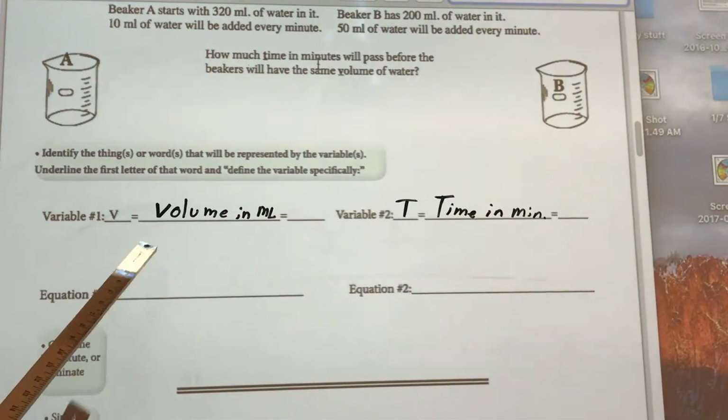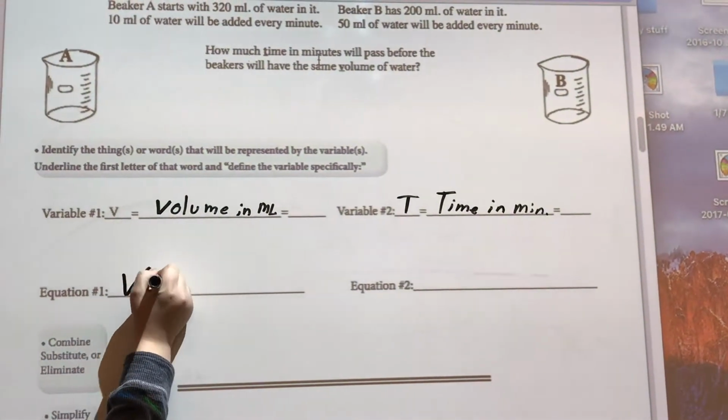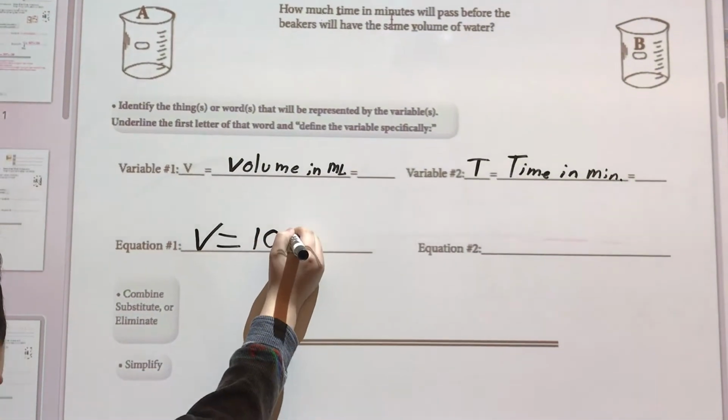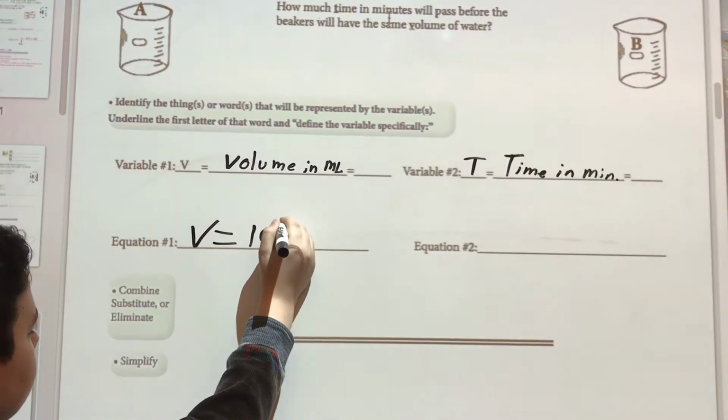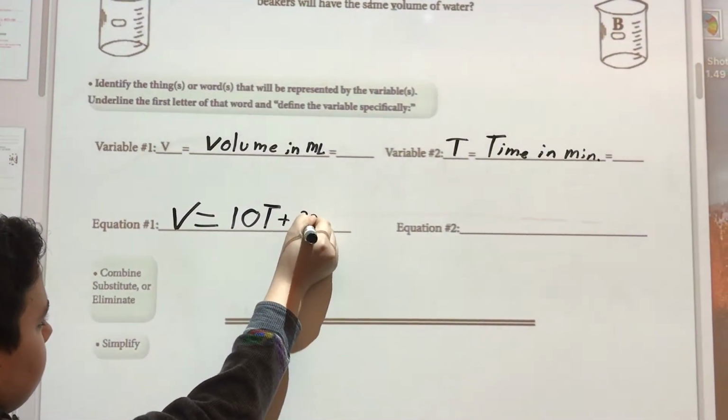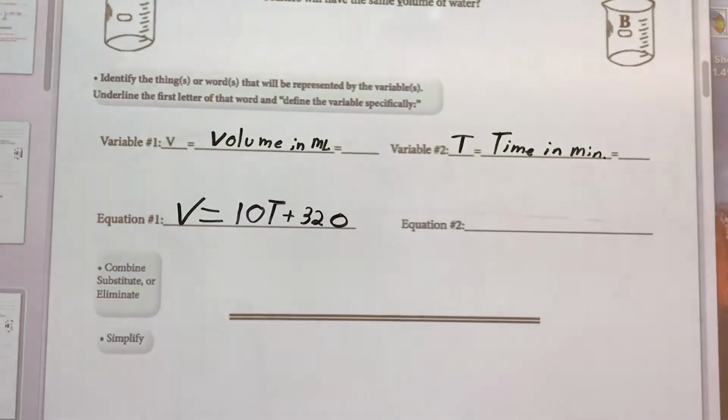So let's start here with volume. That's going to equal the change, which is 10 milliliters every minute, which is T, plus the amount it started with, which is 320. Perfect.